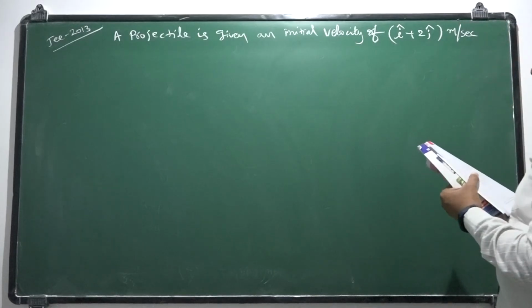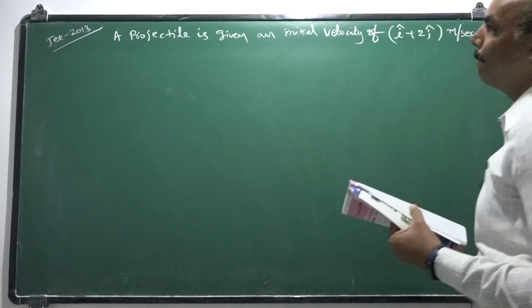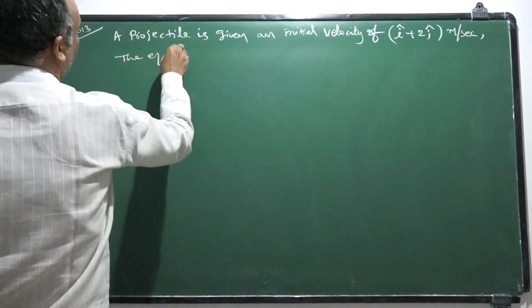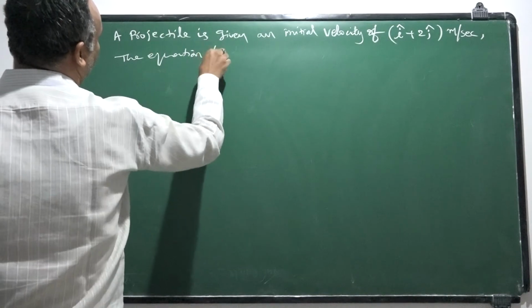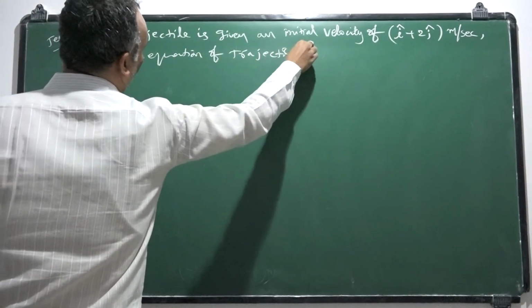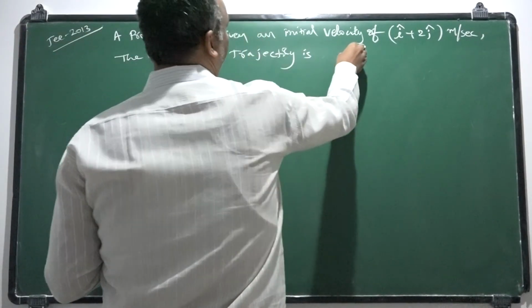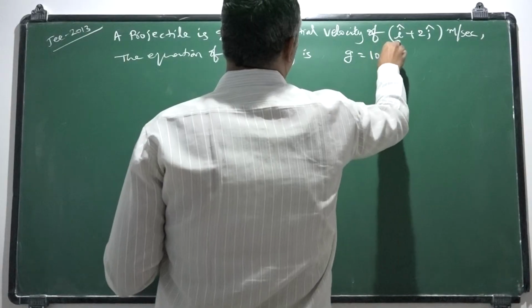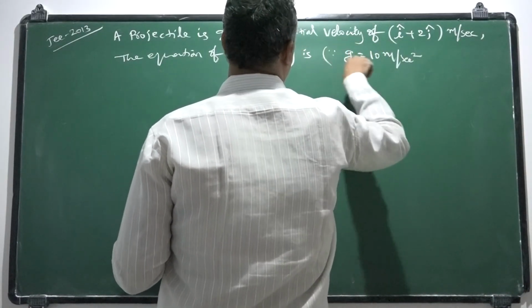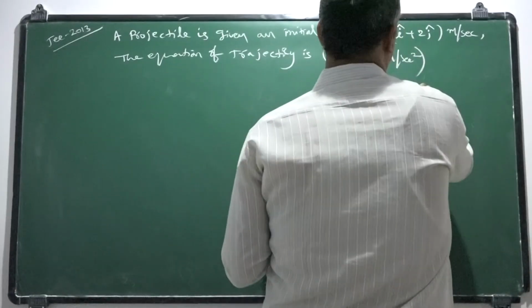The equation of trajectory is, you may take g is equal to 10 meters per second square. They gave four options like this.